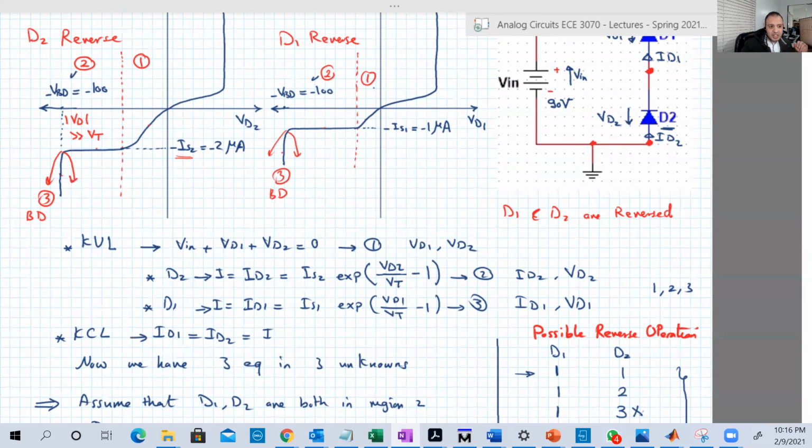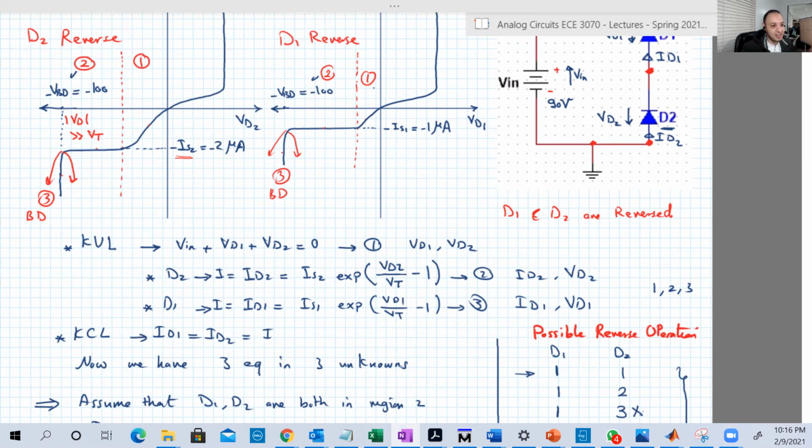That's also an incorrect assumption, because basically, let's assume it's 1 VT. So VD1 is equal to minus VT, VD2 is equal to minus VT. So both add up to minus 2 VT, then Kirchhoff is also violated. It will be 90 minus 25 millivolt minus 25 millivolt. It's also violated.